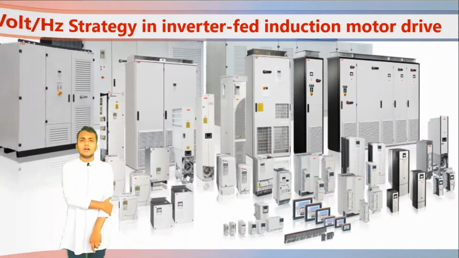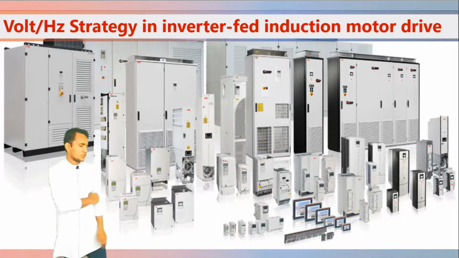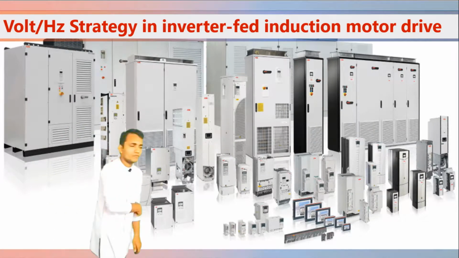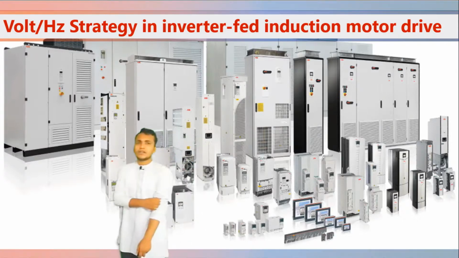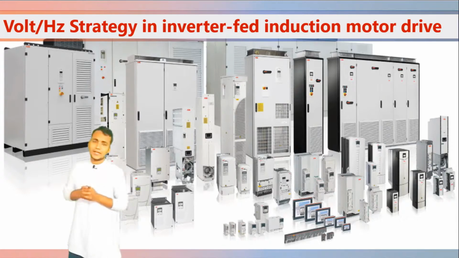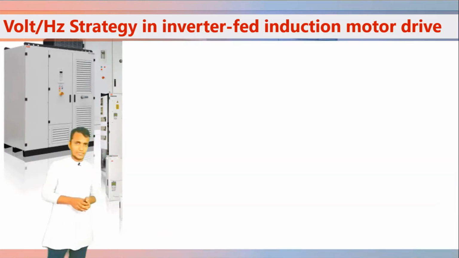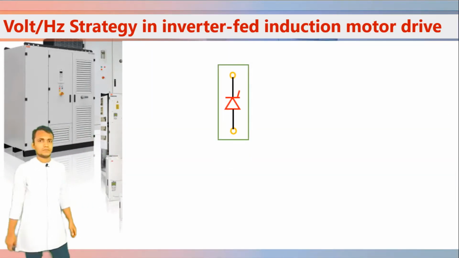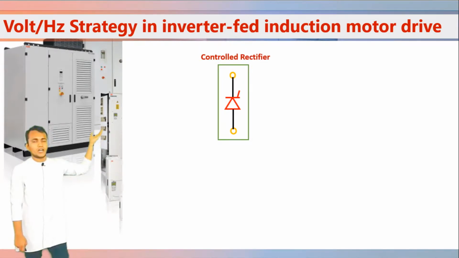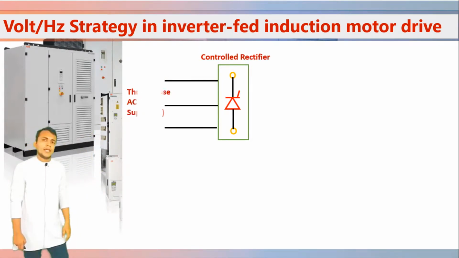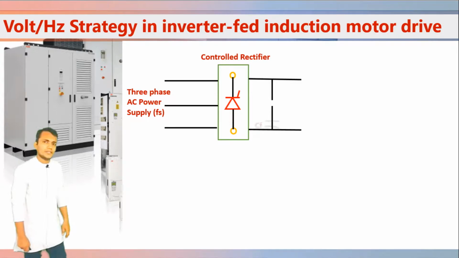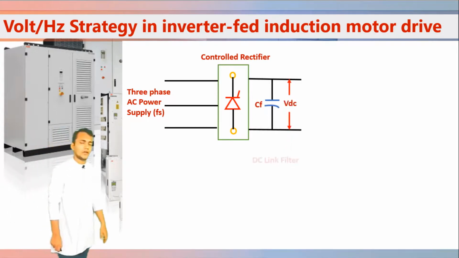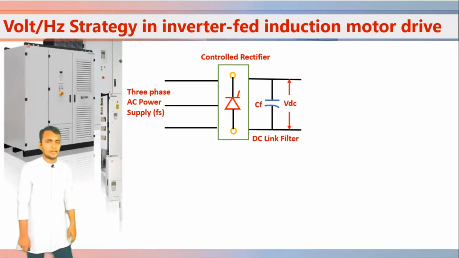Now from this equation, if we have to draw the volt-Hertz strategy in the inverter fed induction motor drives, then it will be like this. You can see in the figure. First we take the controlled rectifier, and the input for the controlled rectifier is a 3-phase AC supply, which is connected with this DC link. Okay, DC link filter.